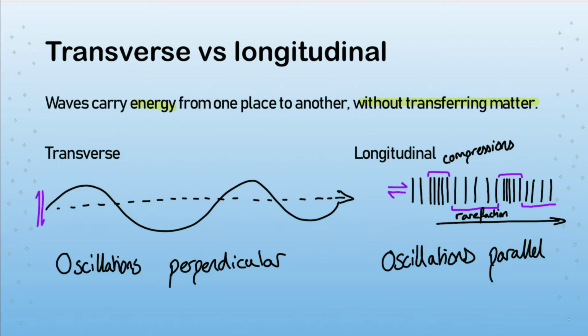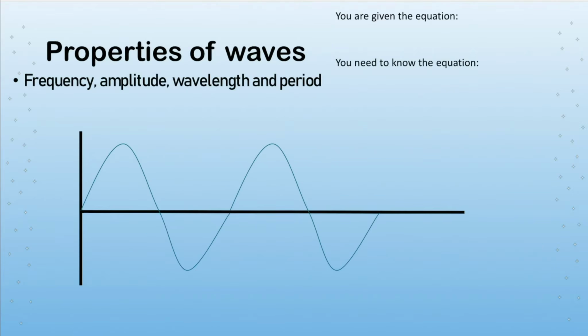We're going to label the transverse diagram in a moment on a better diagram, but that's the difference between the two. Examples of transverse waves are electromagnetic waves. They're the big examples, so light, microwaves, radio waves, that sort of thing. And in longitudinal, sound is a really good example. Sound is a perfect one, and seismic waves can be both longitudinal and transverse.